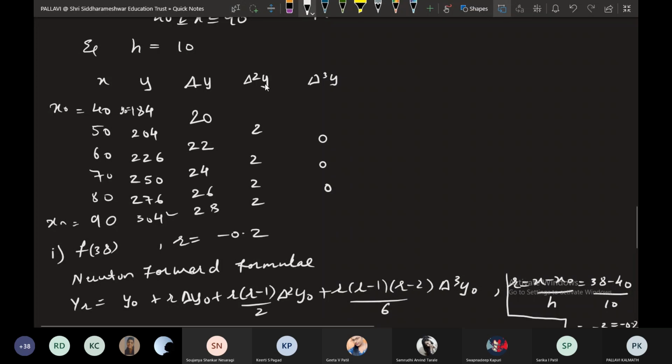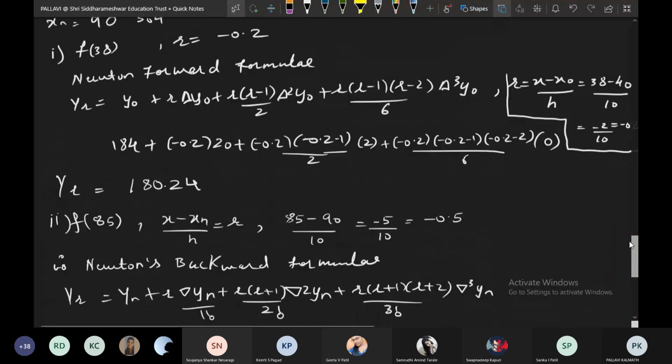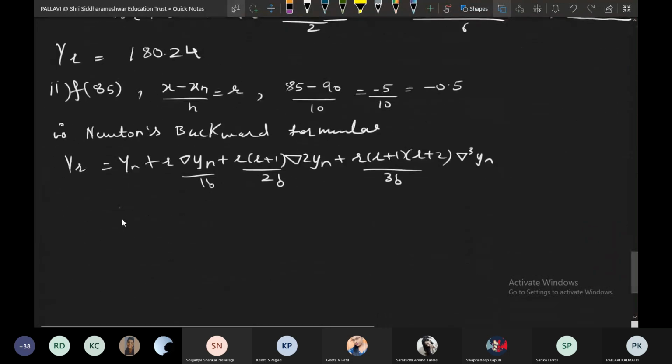How much is it? 304. And will you use this difference or this difference? The last difference is right for the backward. So substitute. yn, you said, is 304, plus r, which is minus 0.5, and the last difference value is 28, correct?